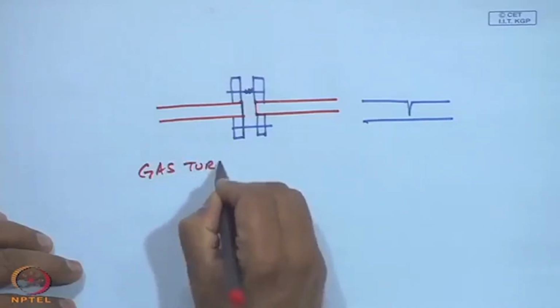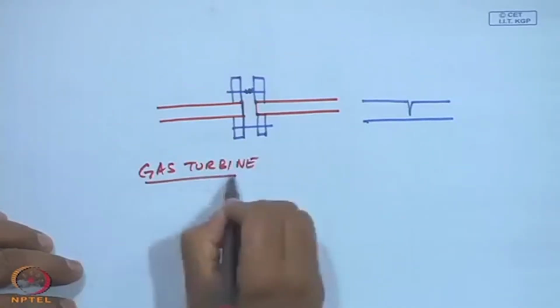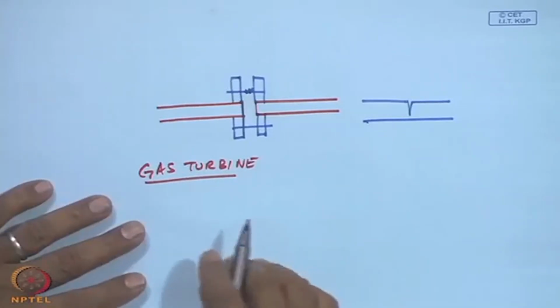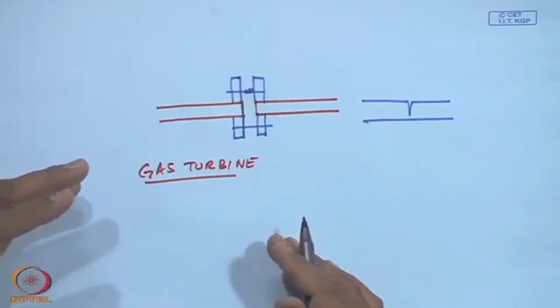So, in a system, for example, let us talk about a gas turbine. If you want to place a system in a gas turbine to monitor whether cracks have occurred or not, you can do this.